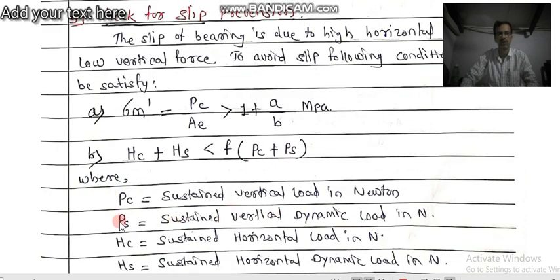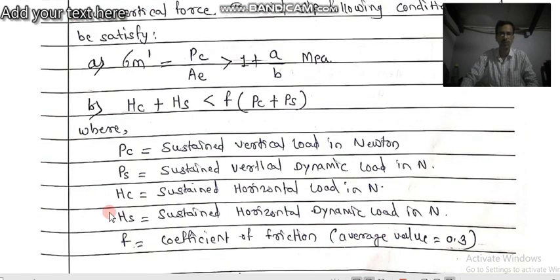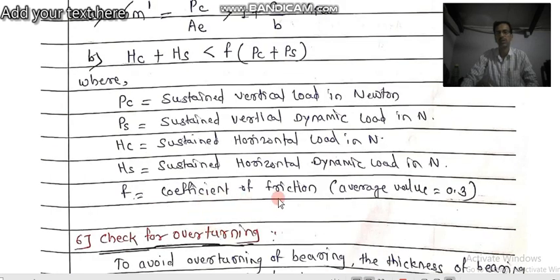Here PC is sustained vertical load, PS is sustained vertical dynamic load, HC is sustained horizontal load, and HS is sustained horizontal dynamic load in Newton, and F is the coefficient of friction, and its value is an average value. If it is not given in the problem, then you have to take that value as 0.3. So this is 0.3 as the coefficient of friction.